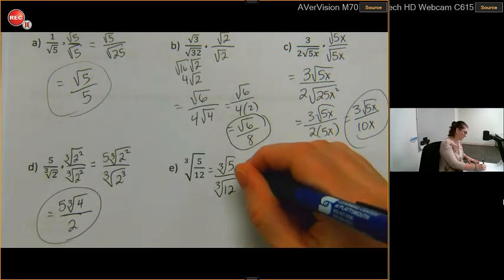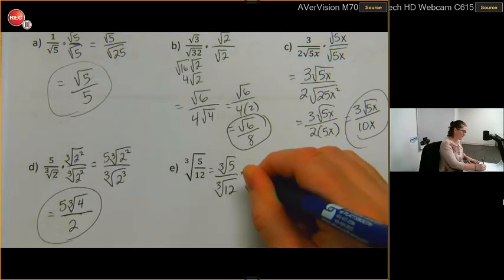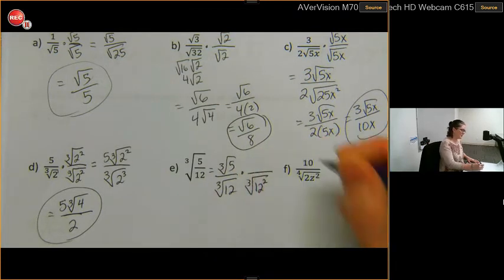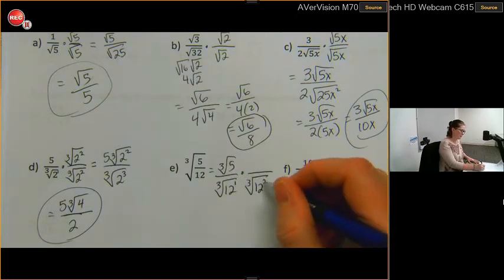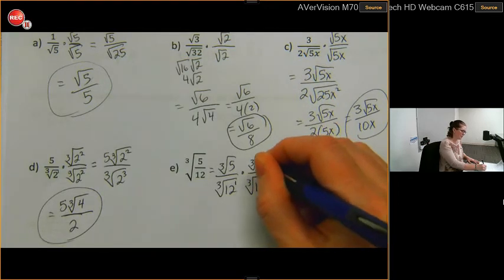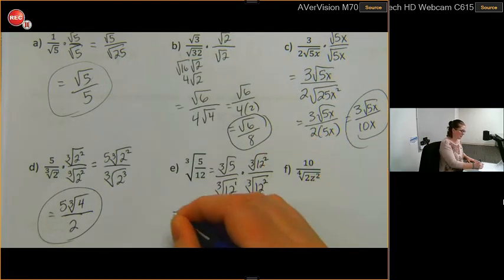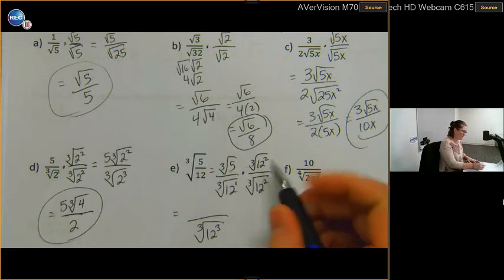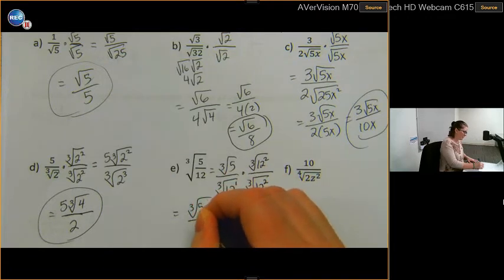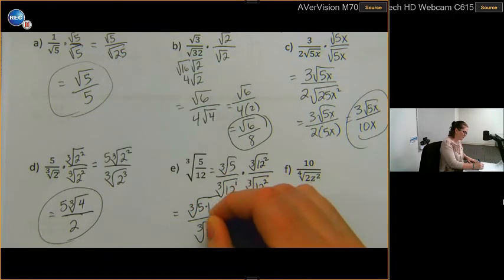So let's try that. The reason I'm doing 12 to the second is because 12 to the first times 12 to the second, we add the exponents and we get 12 to the third. So the denominator is the cube root of 12 to the third. The numerator, the cube root of 5 times 12 squared.